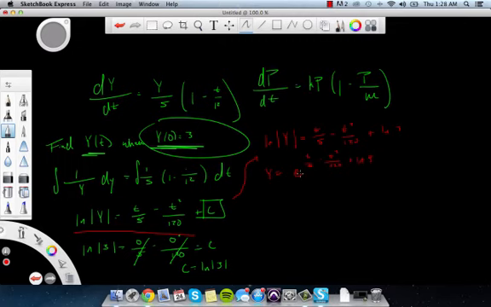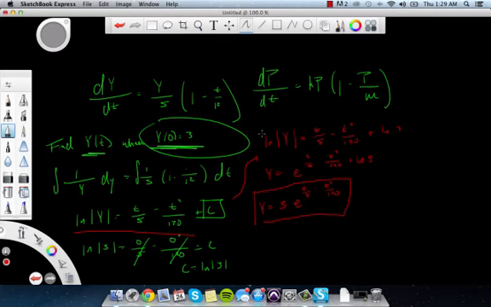And of course, when you have e to the natural log of anything, we can rewrite it like this. And there you are, this is your final answer: y of t equals 3 times e to the t over 5 minus t squared over 120.